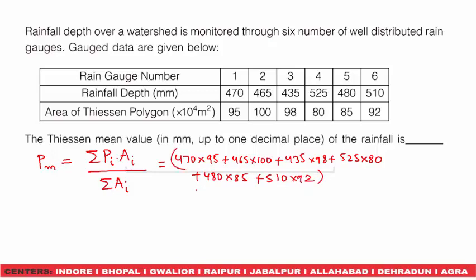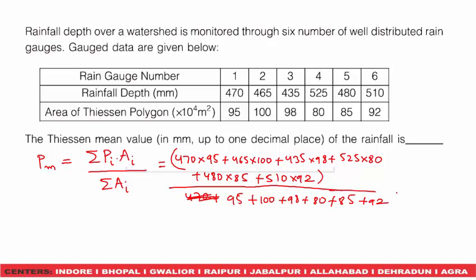This whole is divided by the summation of areas, that is 95 plus 100 plus 98 plus 80 plus 85 plus 92. We are not writing this value because it appears in both numerator and denominator and will get cancelled out. So solving this, we will get the annual rainfall equal to 479.09 mm. So this would be our answer. Up to 1 decimal place, that is 479.1.